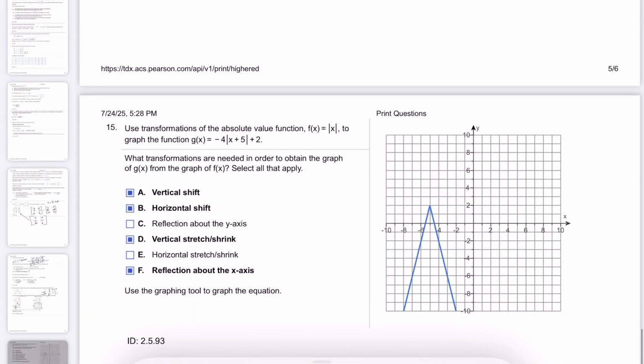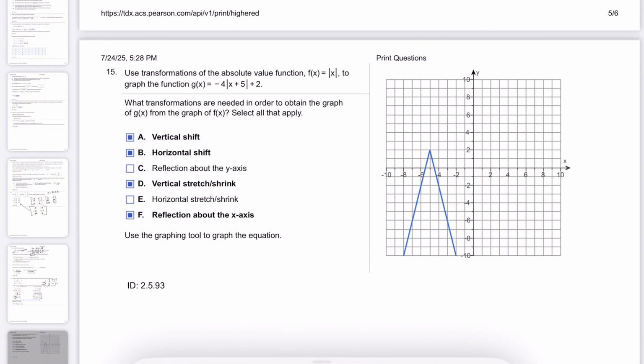And yes, this final is only 15 questions. So this is pretty self-explanatory. We're using the graph of, you remember this also can be considered y equals the absolute value of x. And then we're just shifting it over to the left by 5, moving it up by 2, and stretching it by -4, which as soon as you see a negative in front of anything like this, you know that it's flipped upside down.